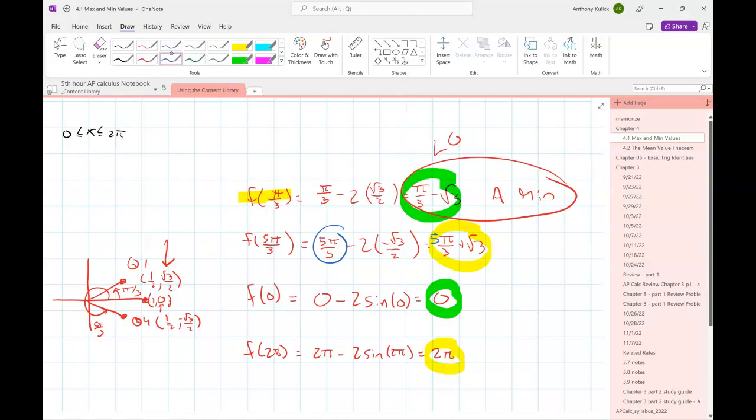And then if we subtract 1, we're going to be 5.2-ish. And if we add 1.6 to that, that's going to be like 6.8-ish, which is bigger than 6.2-ish. So this is my absolute maximum here.